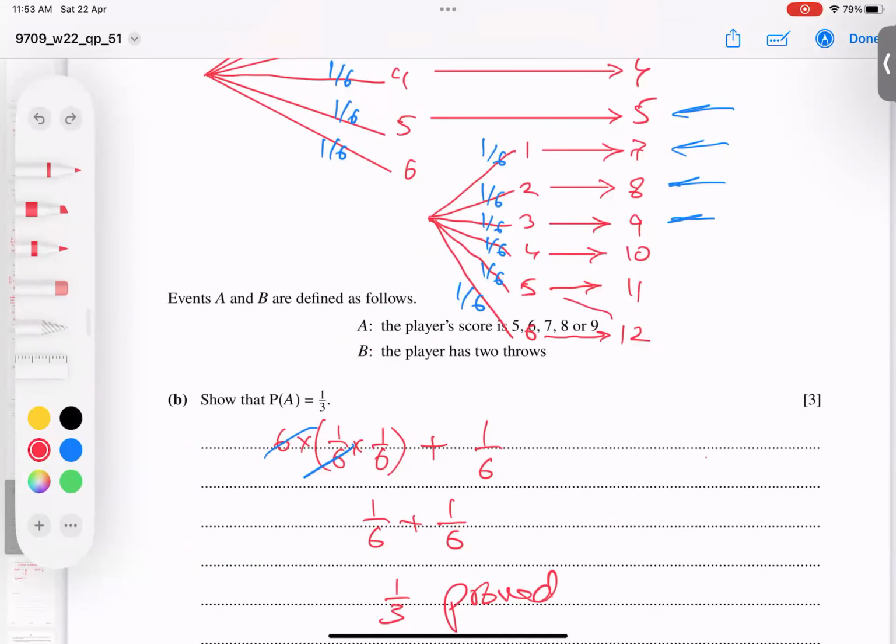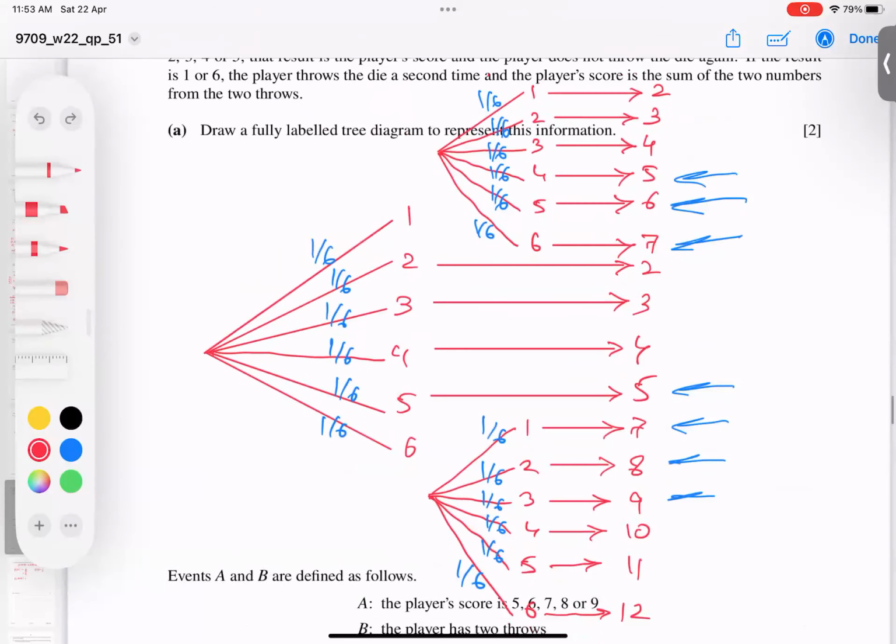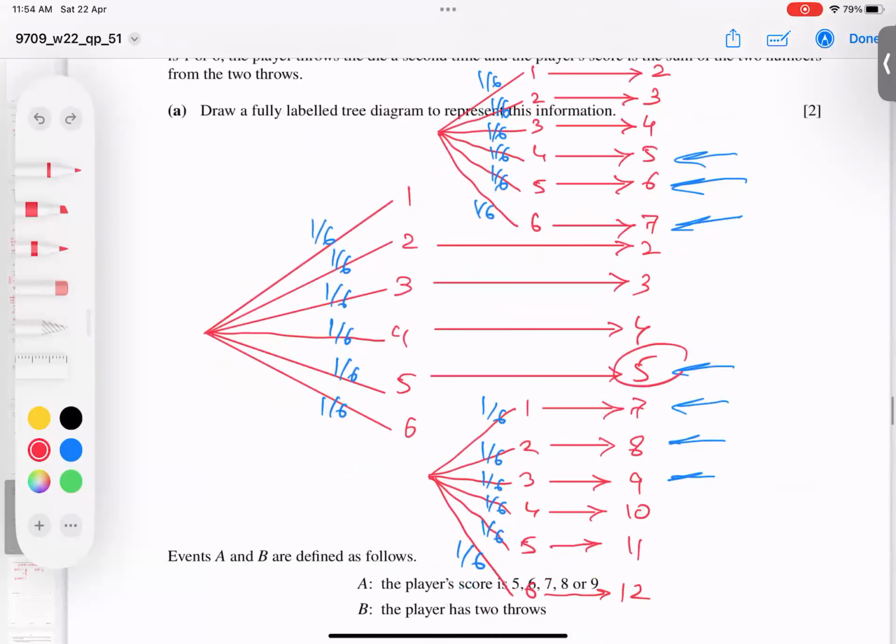Like he got 5, 6, 7, 8, 9, but having 2 throws together. So let's see. This we can't count, because it is with 1 throw.